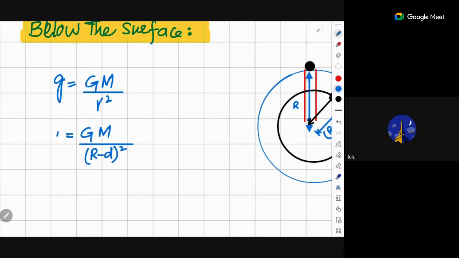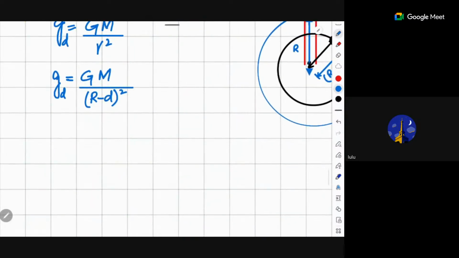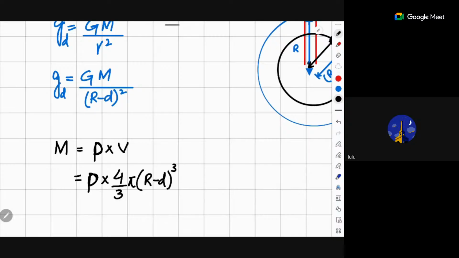Now, as you know, the mass of the earth, this is the derivation for density of the earth that is also asked in your exam. The mass of the earth is equal to density of the earth into volume of the earth, which is equal to density into 4 pi by 3 into (R minus D) whole cube. You got this point?